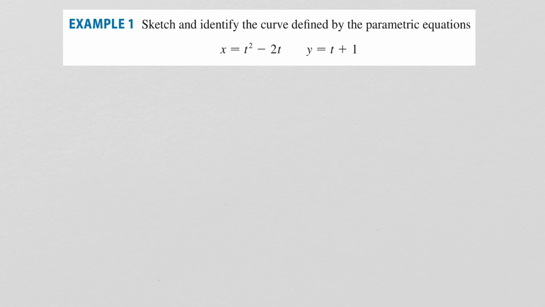There are a few methods for sketching this curve, but we're going to take the most basic approach, which would be simply choosing values of t and then plugging them into both of these equations to get the values of x and y.